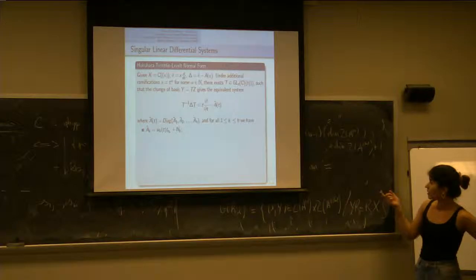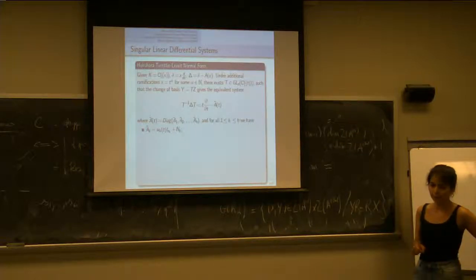In this linear form, we can always find a change of basis such that, under additional ramification, this change of basis will result in a matrix presentation A tilde, where A tilde is a diagonal block matrix, and each A tilde i is a sum of a nilpotent matrix and a diagonal matrix.